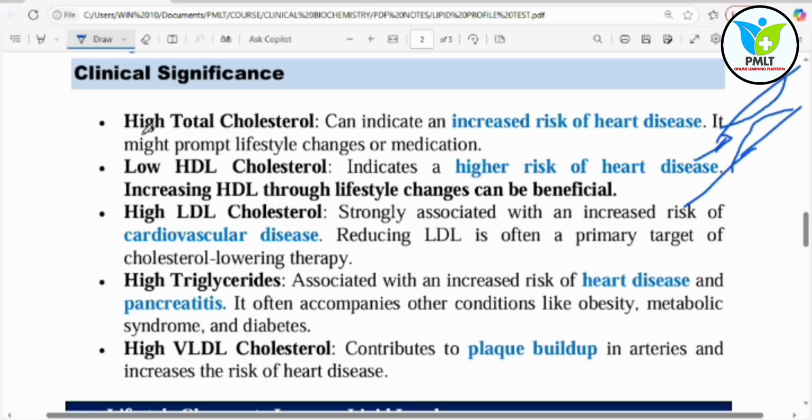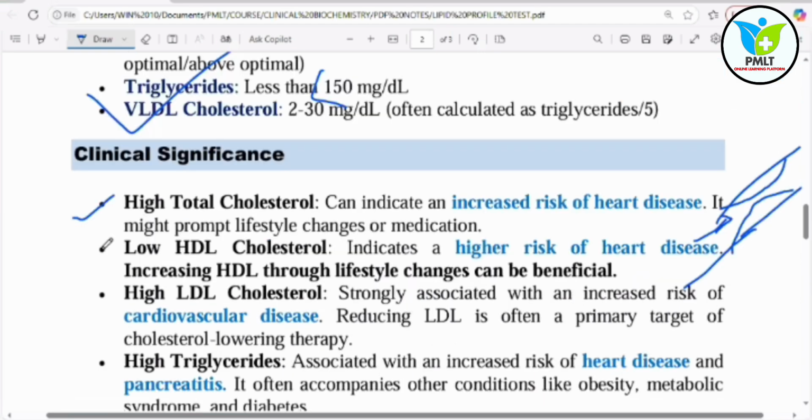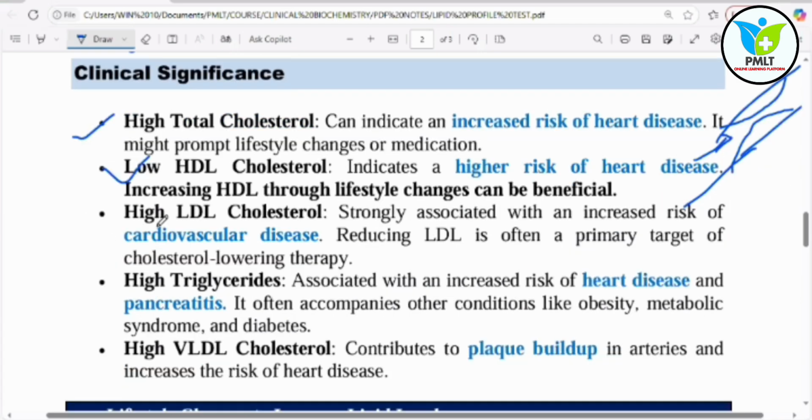After that, low HDL. When the HDL level is low, that is bad, because HDL is a high density lipoprotein, and high HDL is very good. Whenever HDL is low, there should be a high level of LDL and a high level of VLDL.